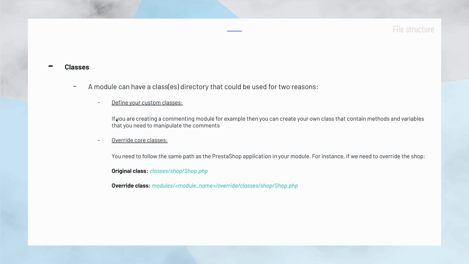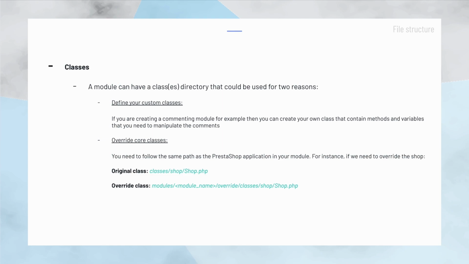So for example here, if you are creating a module that allows users to register comments or votes for products, then we imagine that we have to create a class called users with name, email, something like that, etc., and comment with date and with content and with rate, etc. So we need to create these classes like an object to be represented in the database. So this is the very first reason to use classes.